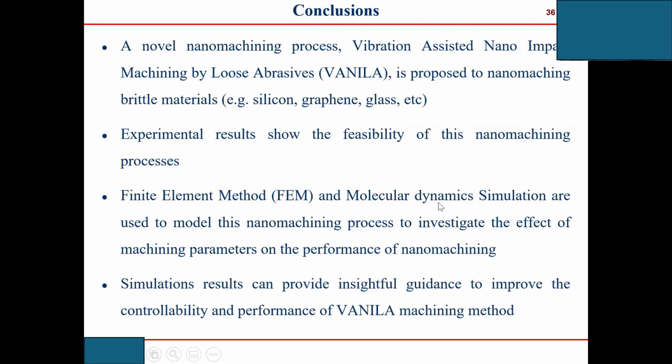FEM and molecular dynamics, what we call MDS, are used to model this nanomachining process to investigate the impact of machining parameters on the performance of nanomachining. Simulation results can provide insightful guidance to improve the controllability and performance of the VANILA machining method.